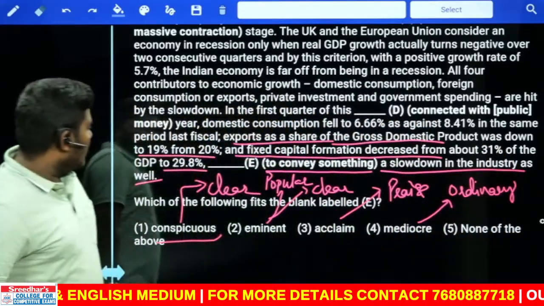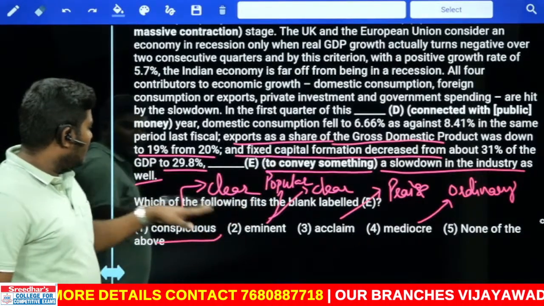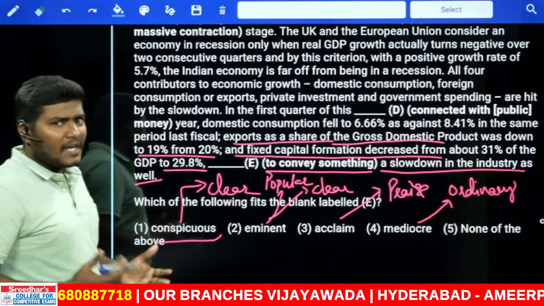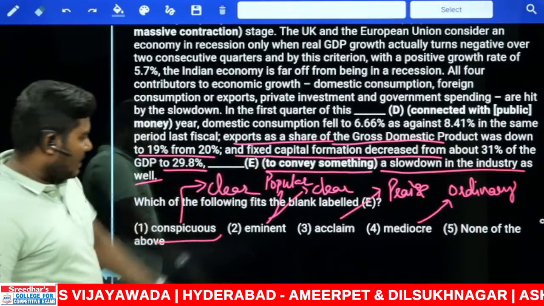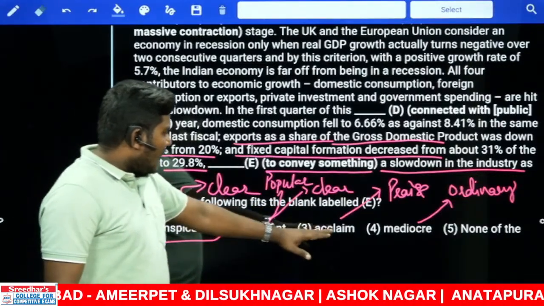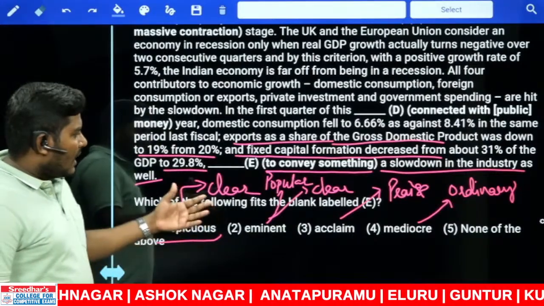If you look at these combinations, conspicuous, a slowdown in the industry as well. Here we need some word which is like an adverbial conjunction. I feel that. But conspicuous, which is an adjective, doesn't go with the context. Eminent, noun and verb both should not go there. Acclaim, praise, doesn't go. Mediocre doesn't go. I don't think any of the words go there.